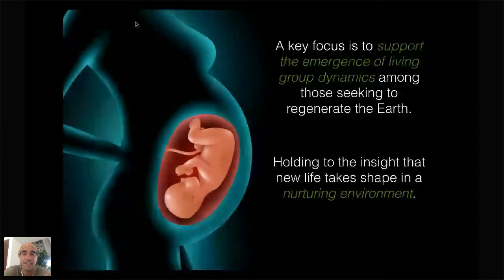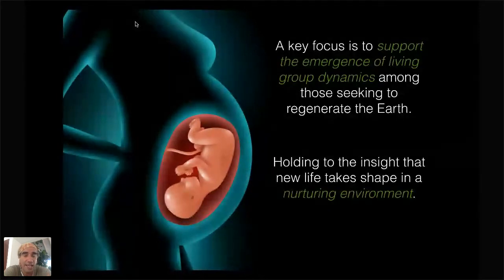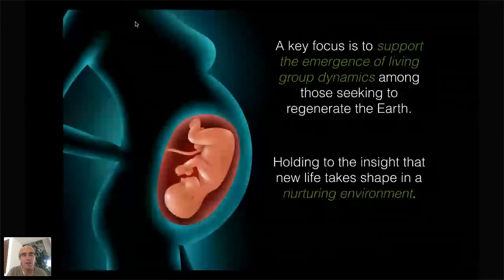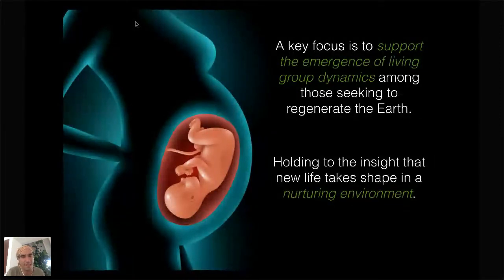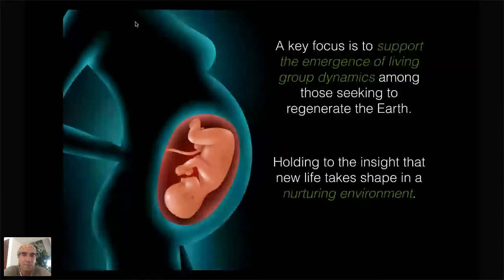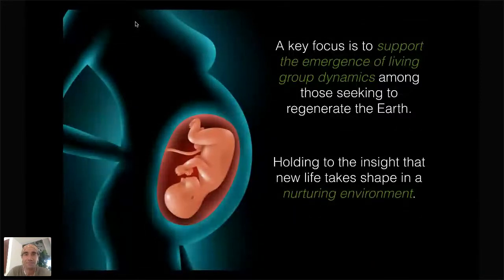And we need to hold to the insight that new life takes shape in a nurturing environment. Just like this baby needs to be in a healthy mother with a healthy womb, with healthy blood flow, with the right pH balance, with the right temperature, and other aspects that nurture the development of the fetus, we need to find out what are the environmental factors to nurture the emergence of these living groups that are the regenerative projects. And that's what we're going to talk about today.